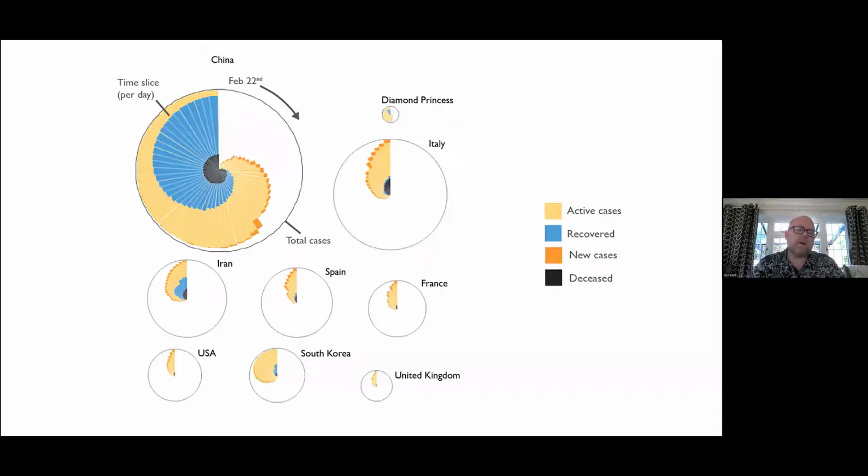Usually you would see a sort of a Gaussian diffusion curve for a disease as it sharply increases then plateaus. That's kind of what you're seeing here, but in a radial manner and as a form of showing a lot of information in a very small space.